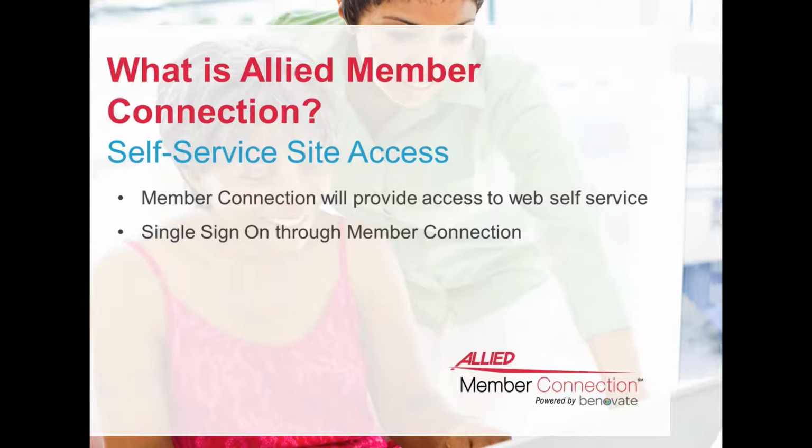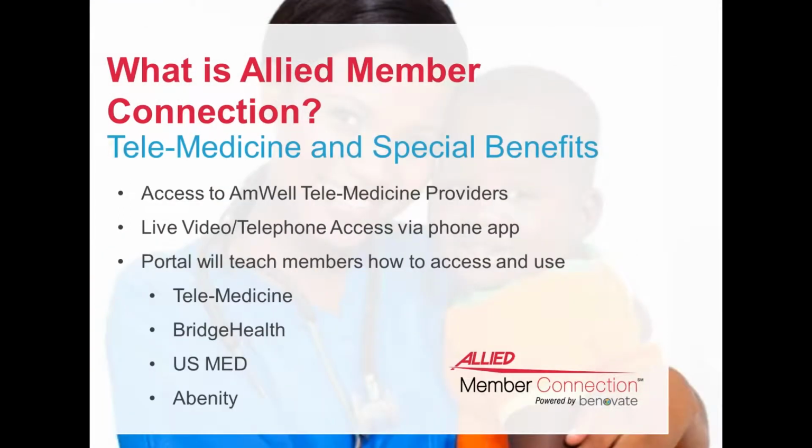And that works too for the Allied programs available through you. The other items that are available within the member connection, this isn't a complete list, but it gives you some of the ideas for things available with your health plan.